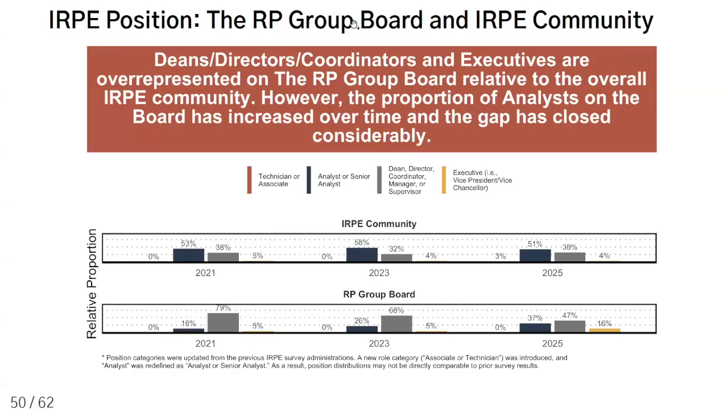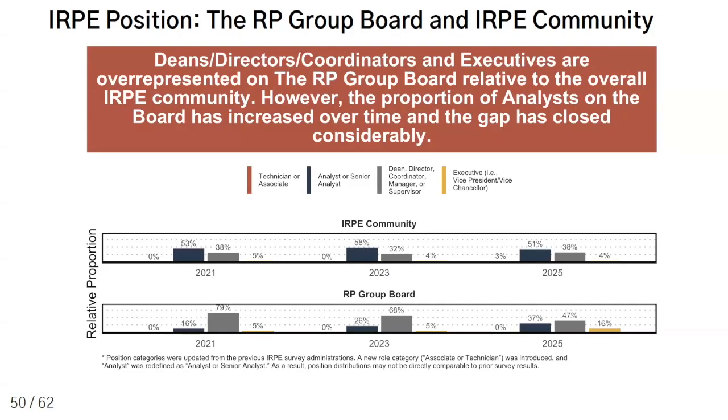When it comes to the bigwigs, the deans, directors, coordinators, and executives are overrepresented on the RP group board relative to the overall IRPE community. However, the proportion of analysts on the board has increased over time, and the gap has closed considerably.